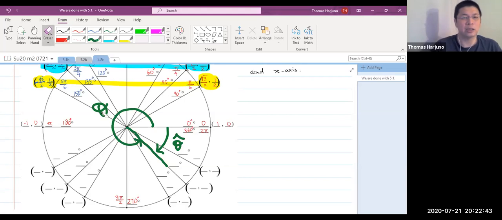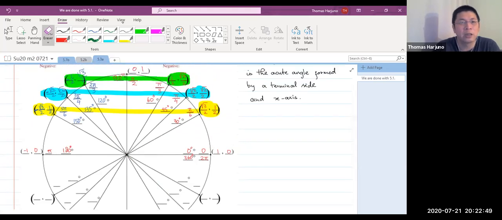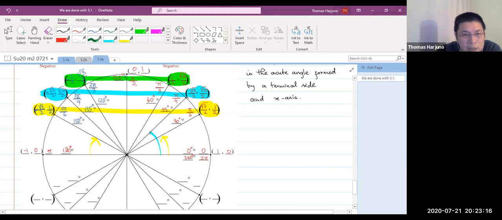Okay, now you will see, from what we had earlier, that if the reference angle is the same, like this one has reference angle 30 degrees, this also has reference angle 30 degrees. Oh, it's hard to see, huh? Then the coordinates must be the same, except the plus minus. You see that this angle has the same reference angle as this, so the coordinates must be the same, except the plus minus.